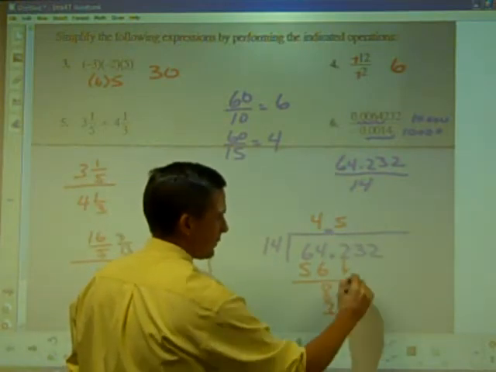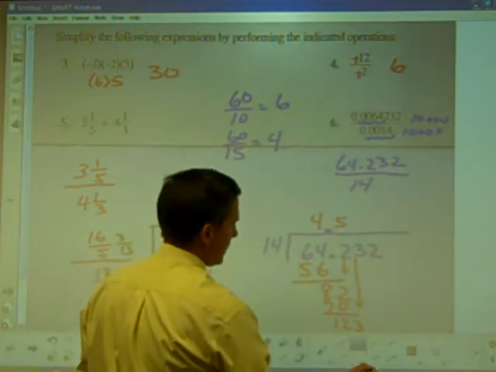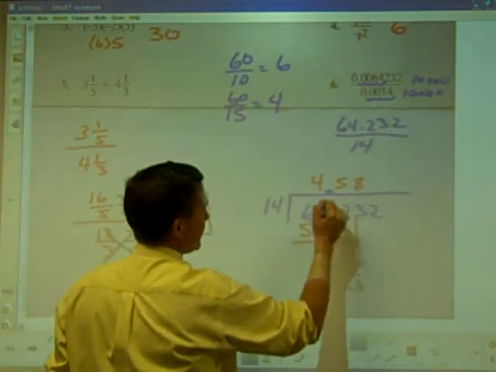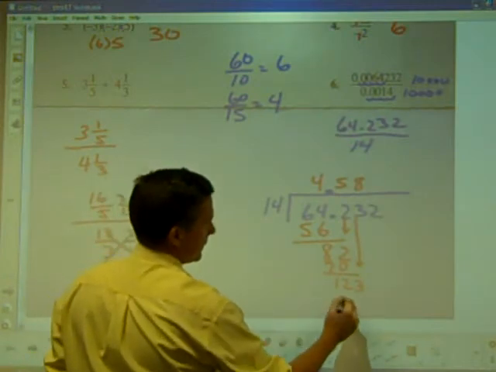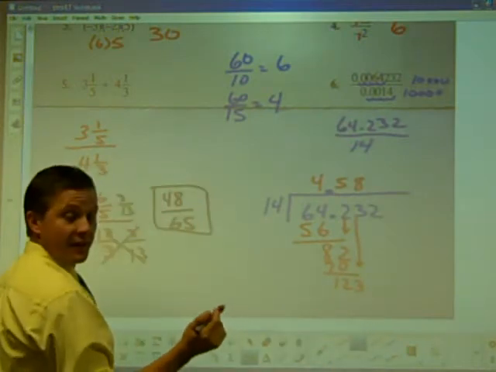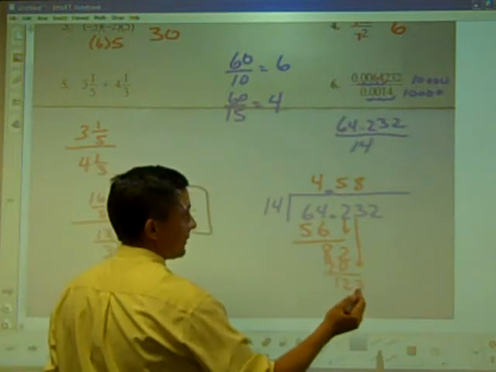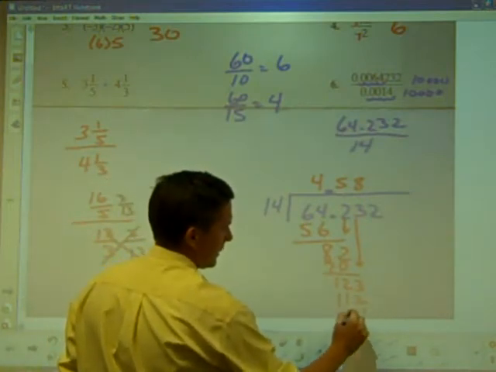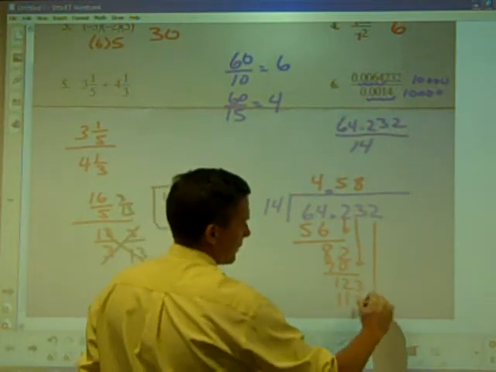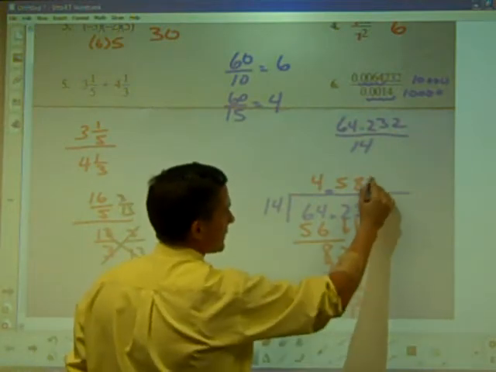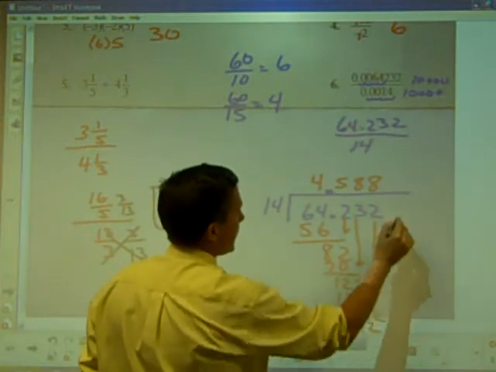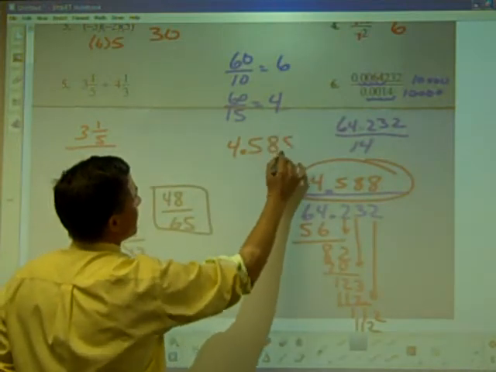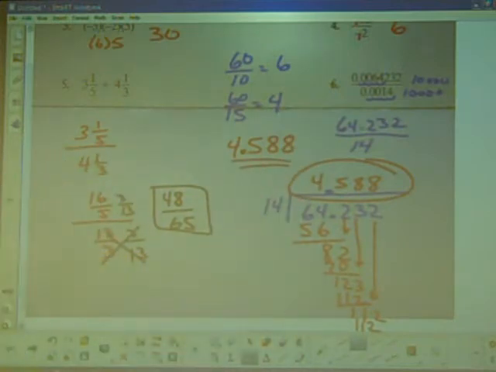It gives me 12 when I do the subtraction. Bring down the 3. If I move down the board, I believe it's going to be an 8. 8 times 14 is 80, 8 times 10 is 80, plus 32 for 4 times 8 is 112. I bring down the 2, and 112 repeats, so it's 112. And the answer is 4.588, which I feel good about based on my estimates.